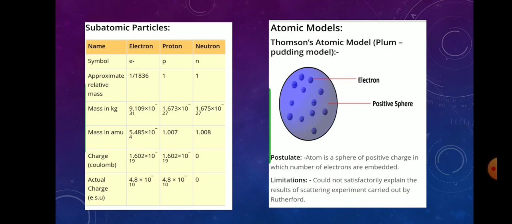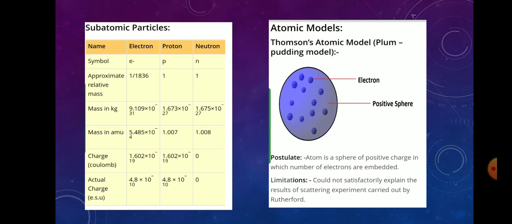The electron's mass in kg is 9.109 into 10 power minus 31, whereas proton's is 1.673 into 10 power minus 27, whereas neutron's is 1.675 into 10 power minus 27. Mass of electron in amu is 5.485 into 10 power minus 4, of proton 1.007, whereas of neutron 1.008.